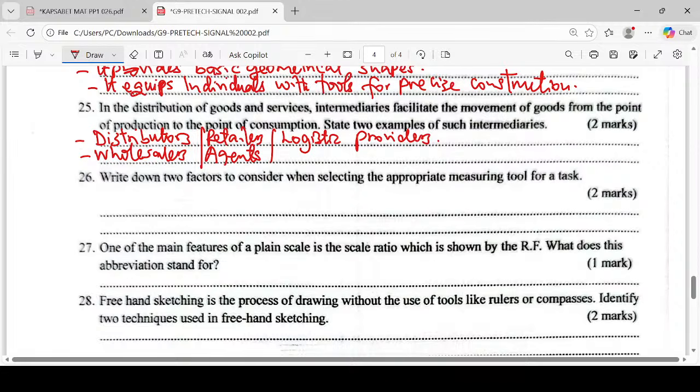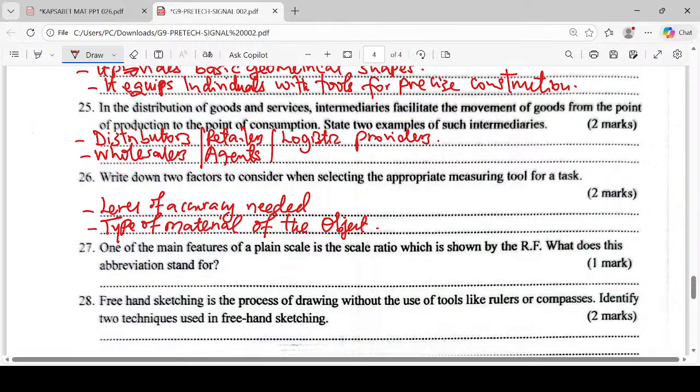Question 26. Write down two factors to consider when selecting the appropriate measuring tool for a task. The appropriate measuring tool for a task. 1. The level of accuracy needed. We can also talk about type of material of the object.